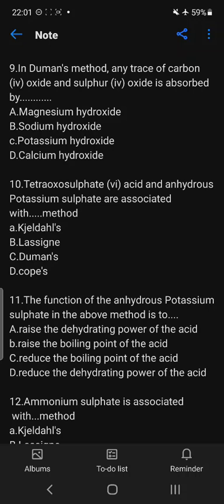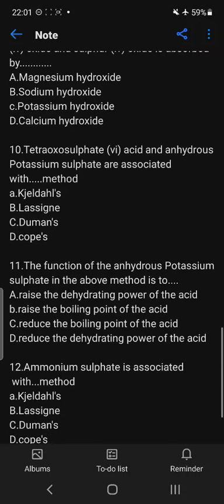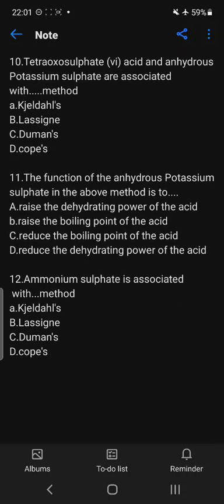Number 11: the function of the anhydrous potassium sulfate in the above method is to raise the boiling point of the acid. So the function of the potassium sulfate is to raise the boiling point of H2SO4, which happens to be the acid. Number 12: ammonium sulfate is associated with Kjeldahl's method.